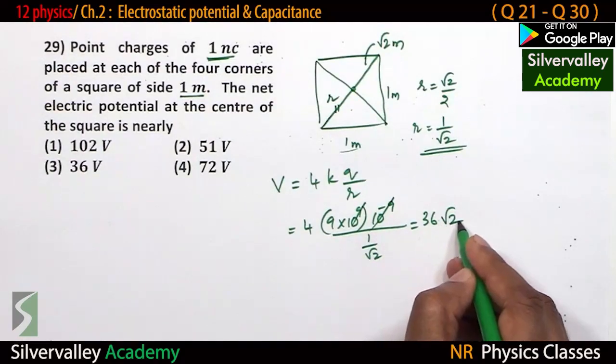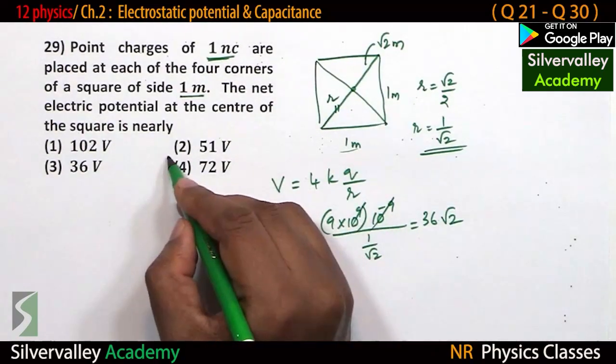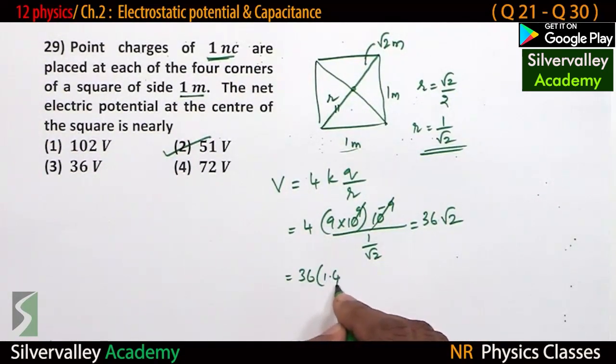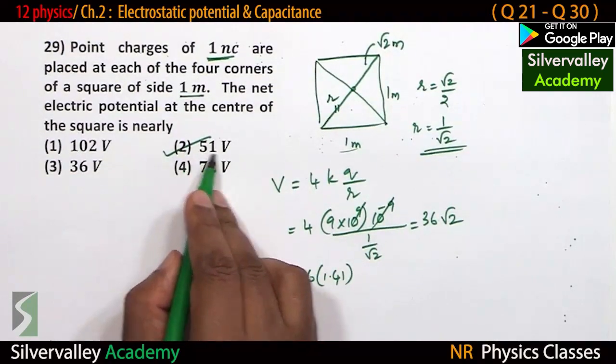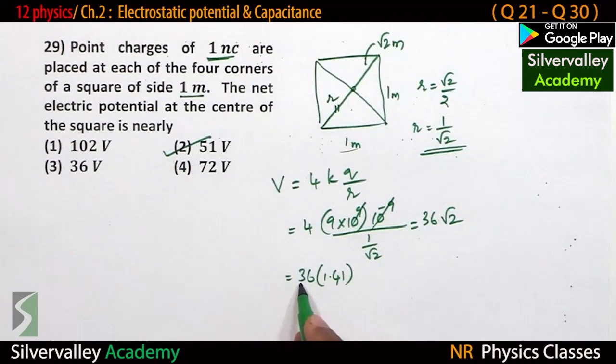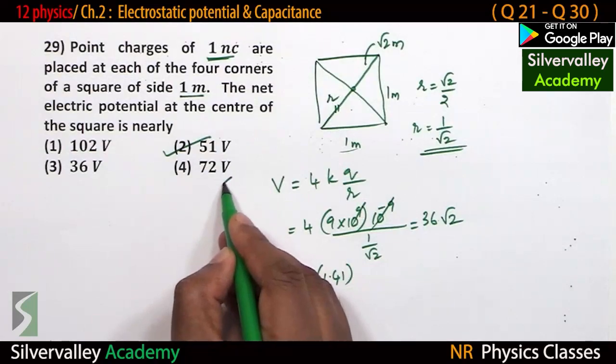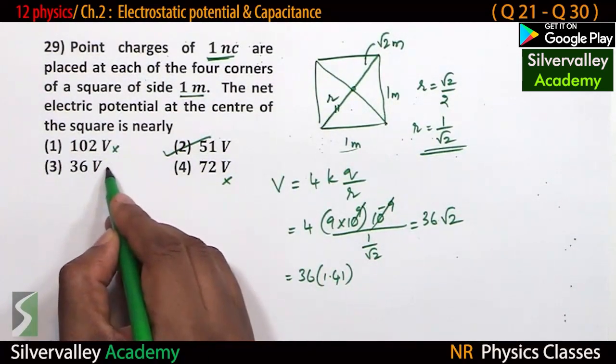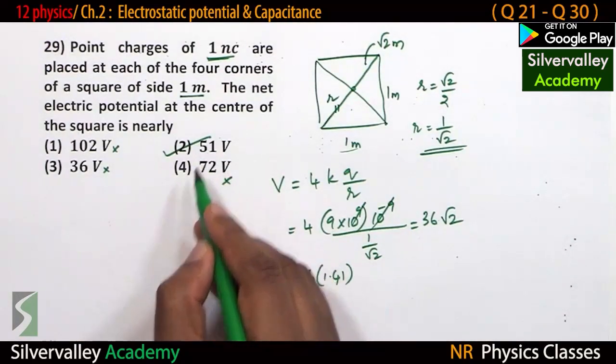So 36 into root 2 is around 51. 36 into 1.41, so 51. 2 times 36 is 72. It is not 2 times, so this is much greater. 1 time is 36, therefore it should be this.